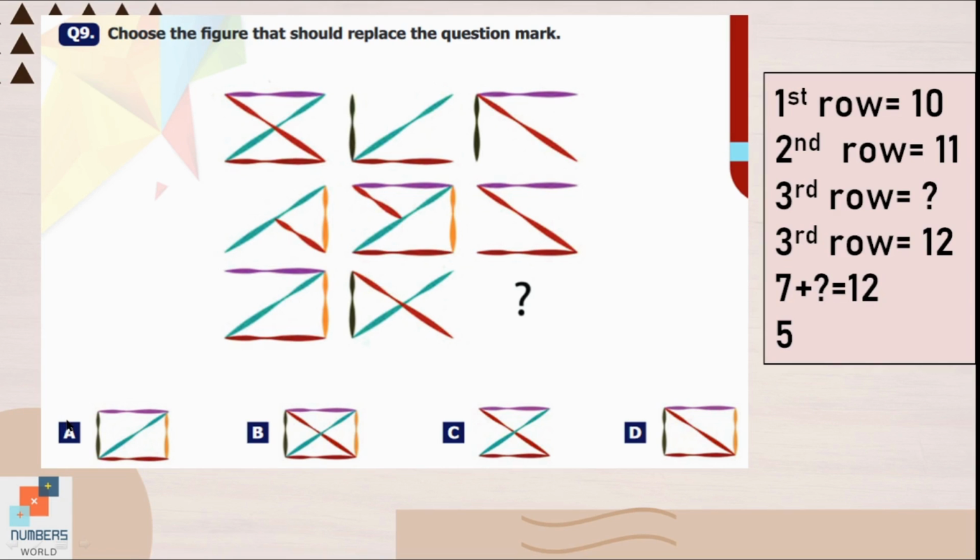So we will consider option A and D. But which one should we choose? If we look at the figures carefully in column 1 and 2, the middle lines are in Ferozi color, whereas in column 3, the middle line is in maroon color. So as the question mark is in the third column, we are going to choose option D because it has 5 lines and the middle line is in the maroon color.